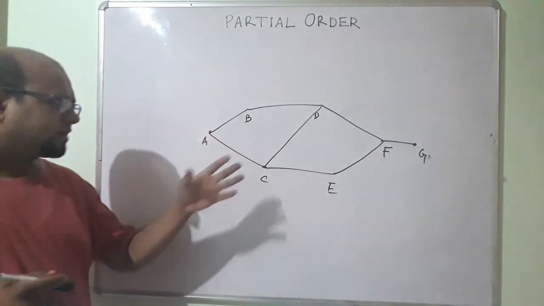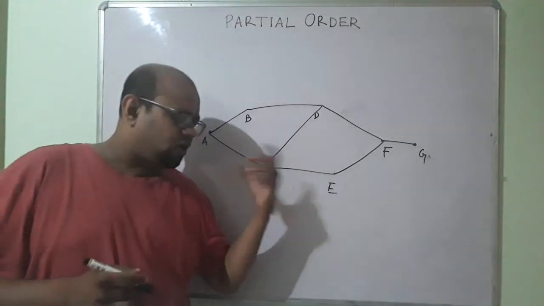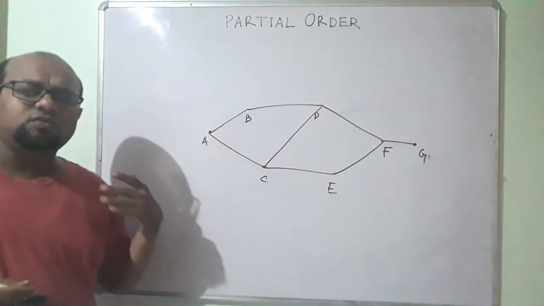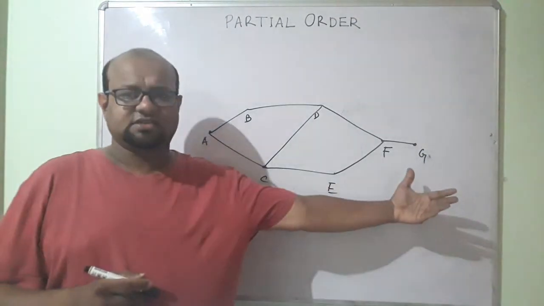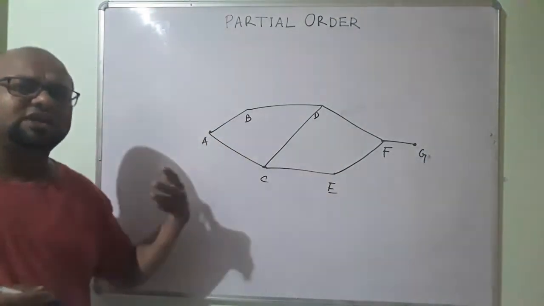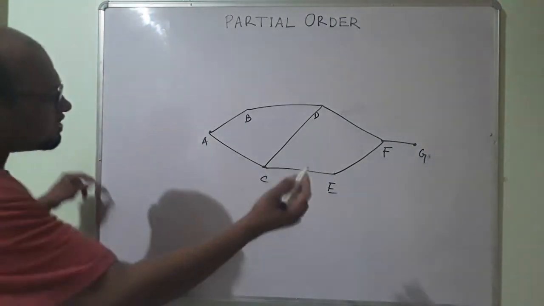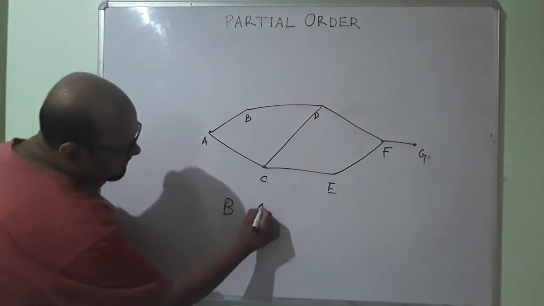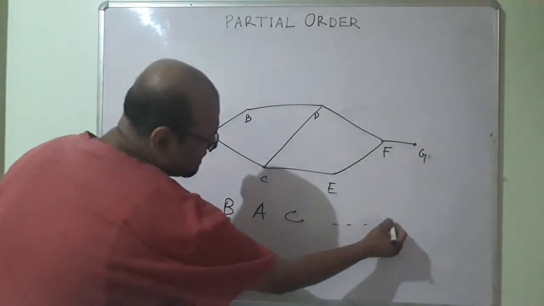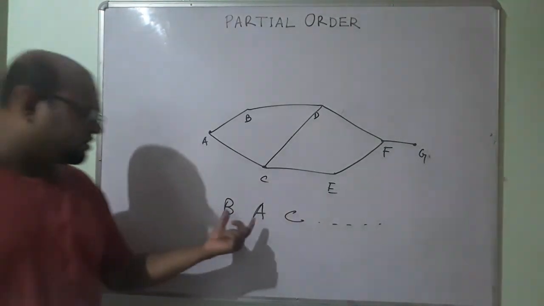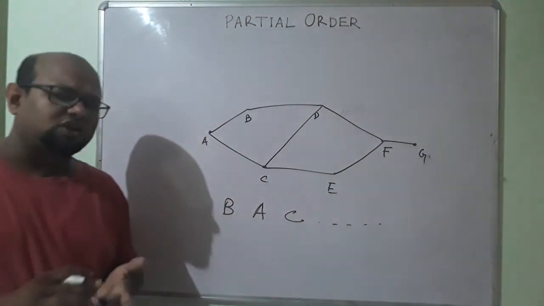Alright, so this partial order gives us this ordering, and from this ordering we have to do this sorting of the tasks in such a way that the tasks can be completed. We cannot have a sort like this: B, A, C, and so on. We cannot do the tasks in this order. Why?